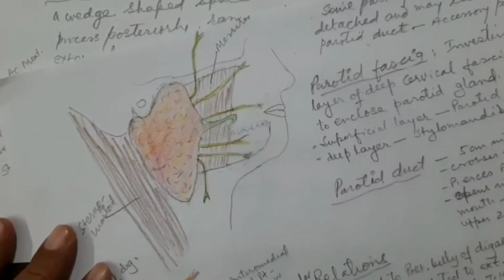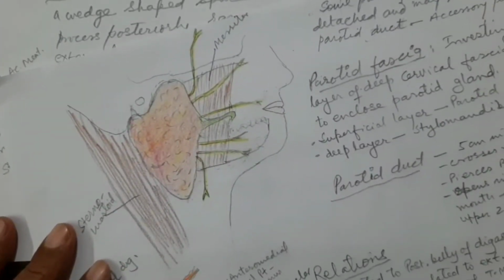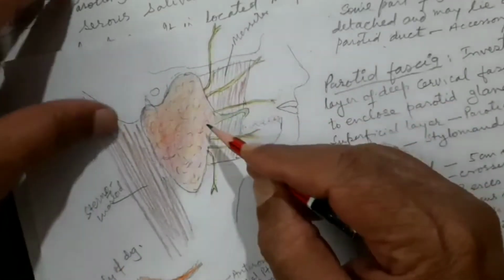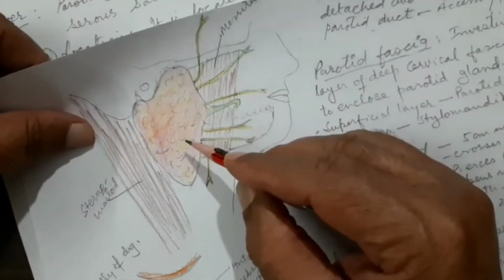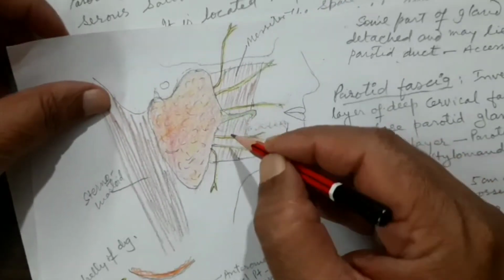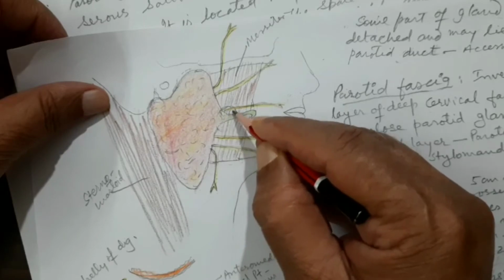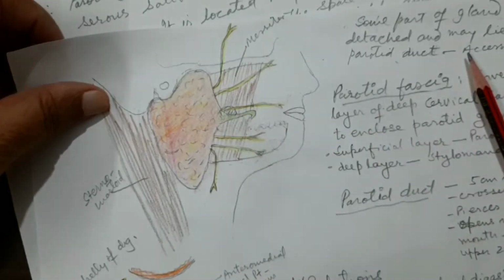Now sometimes a small part of the gland, let me draw it, may get detached from the main mass of the gland, and this may lie here onto the parotid duct. I will draw it here.